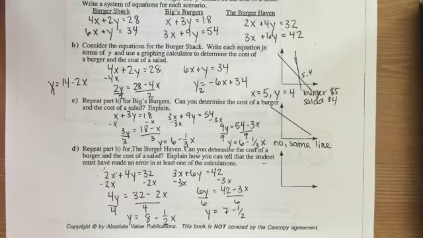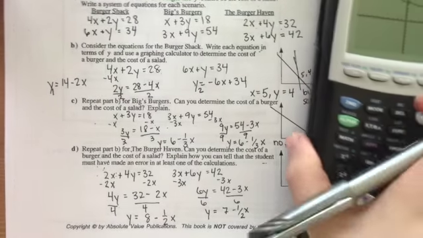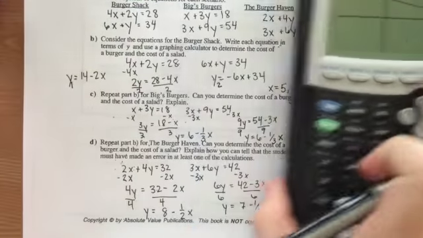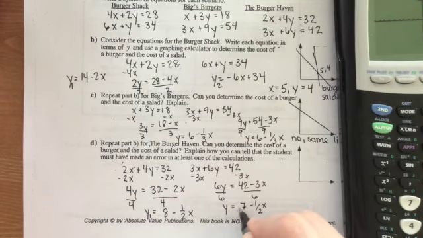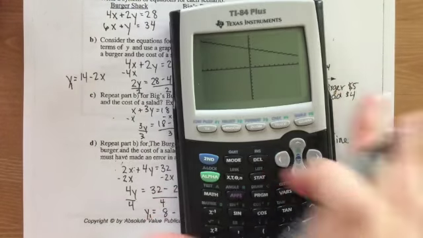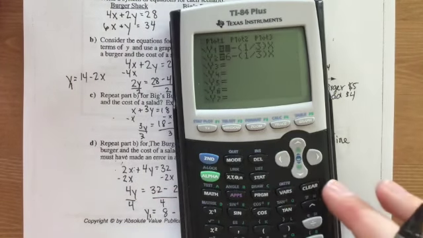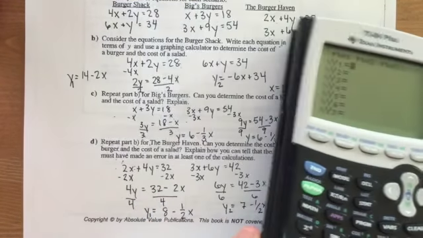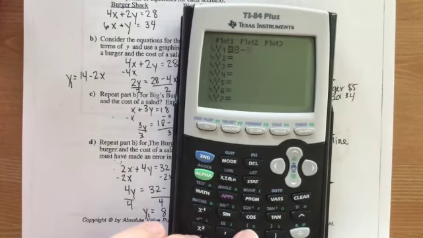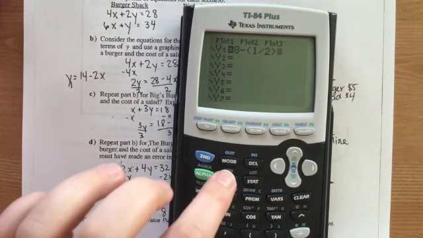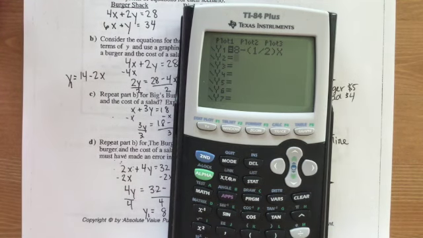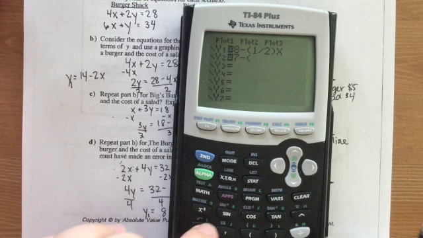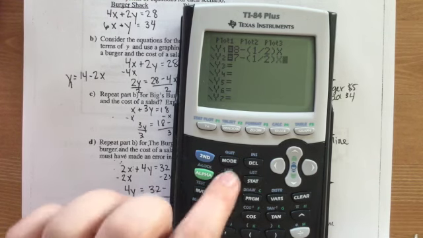And so if I go to graph these, they are different. So I'm going to put one in y1, one in y2 for comparison. And maybe you've already noticed something special about the lines in terms of their slope. But if not, we'll check. 8 minus 1/2 x. 7 minus 1/2 x.